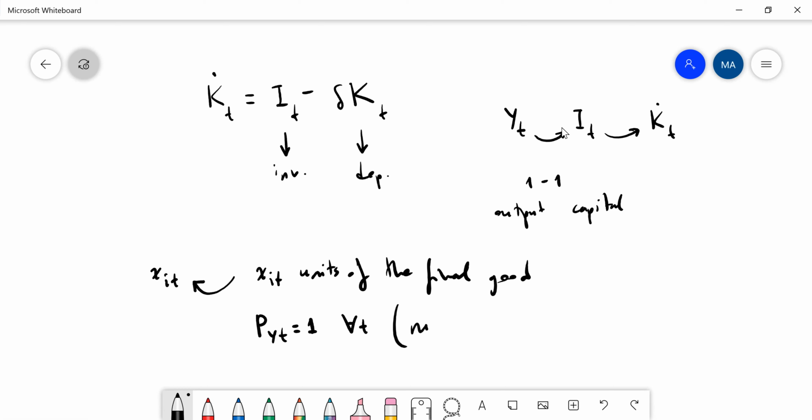Because this is the numeraire, because this is a general equilibrium model. Then the profit of the monopolist is this, right? 1 times XIT, because to produce XIT units of the machine I, this monopolist needs XIT units of the final good, okay?